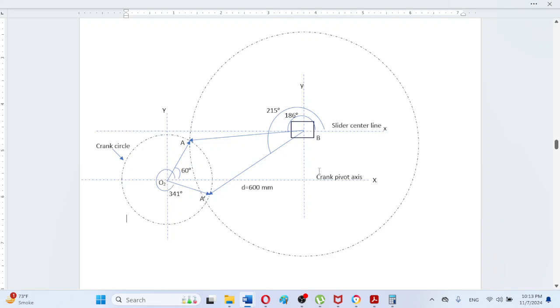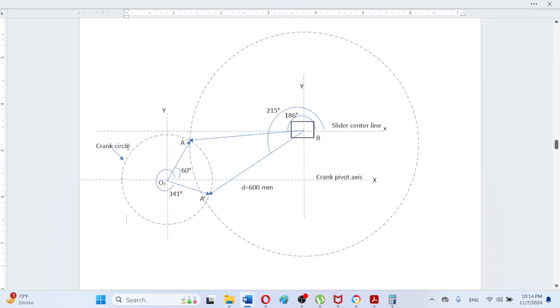After that we will mention the offset C in the positive orientation, because in the statement the C value is positive, so the slider is assumed to be in the first quadrant, for example. Once the offset is drawn, this is the local coordinate system, small xy, on the slider center line. After that we will draw the crank circle, and the crank radius is 200 millimeter, which is mentioned in the statement.